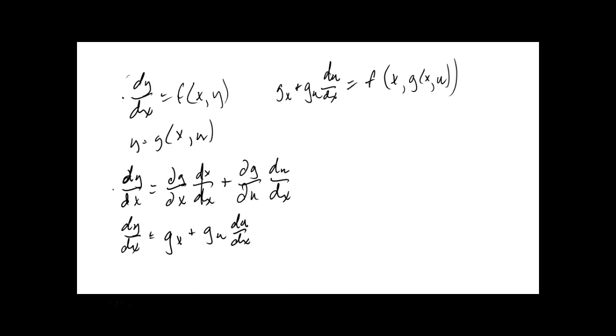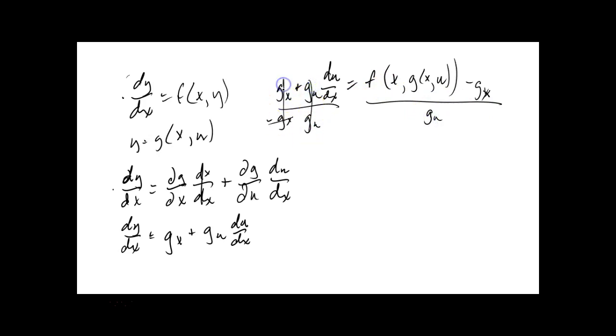And this is sort of the magic here. Here's something you're going to do. Let's subtract g sub x from both sides, and divide both sides by g sub u, the partial.